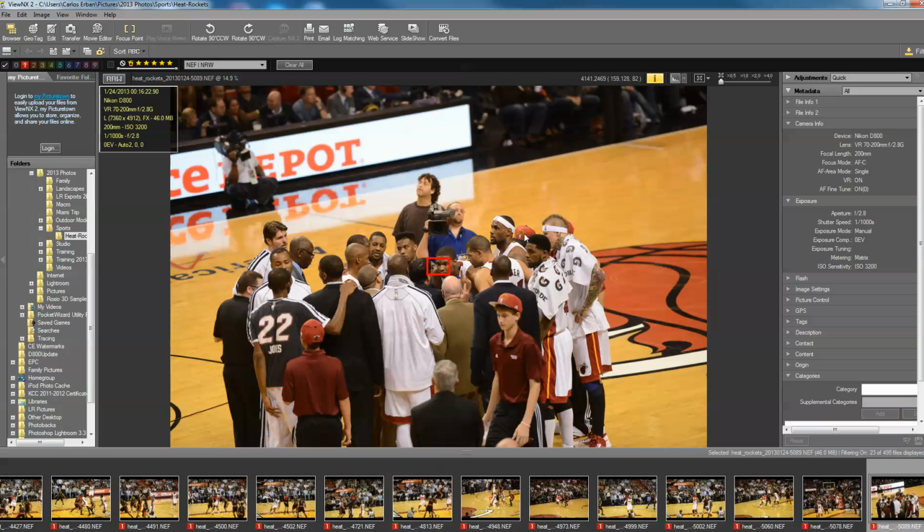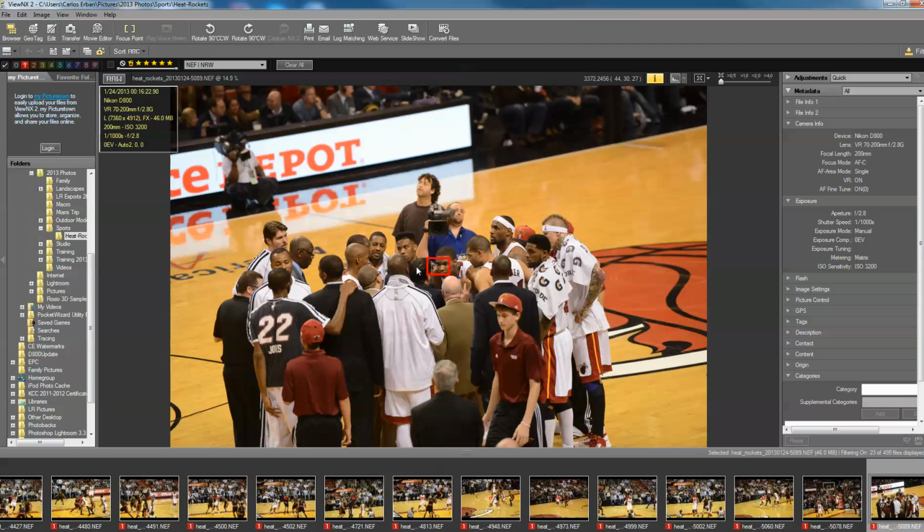You definitely want to be in continuous mode, but do not necessarily always put it in 9 points or 21 points. If you're not getting things in focus, try single and evaluate your pictures looking at where the focus point was.